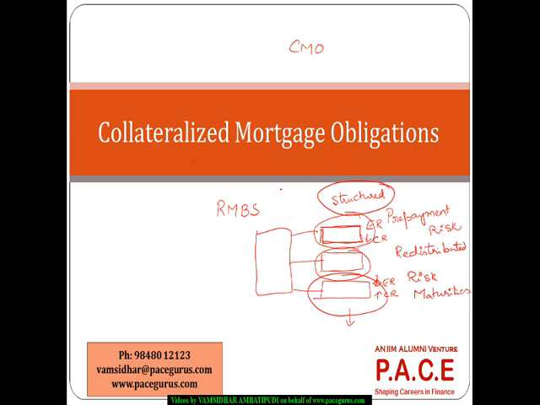So the packaging of this RMBS in such a way that it can attract different investors of different risk levels and overall reduce the funding cost. The funding cost can drastically be reduced through this kind of a structure, right?